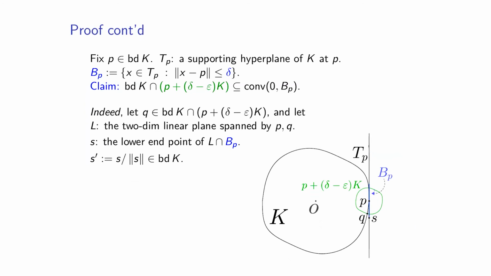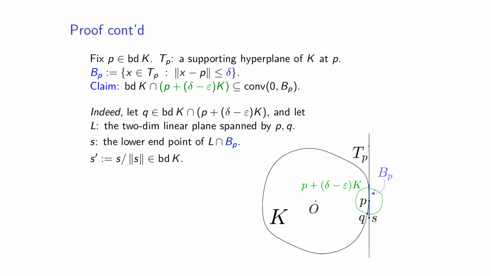Okay, so here is my point P. We fix a point P on the boundary of our convex body K, and T sub P is a supporting hyperplane of K at P. I define B sub P, which is those points on T sub P that are delta close to P, where delta is roughly the square root of epsilon.